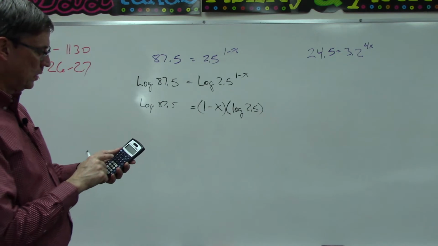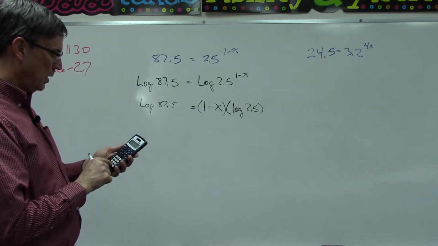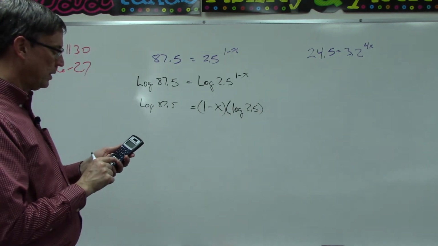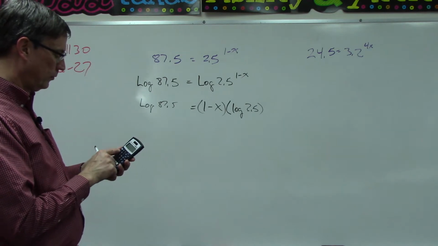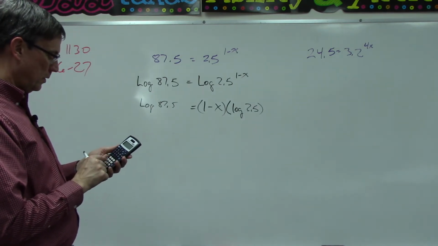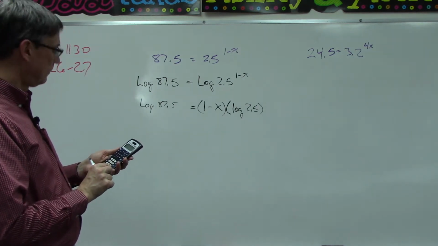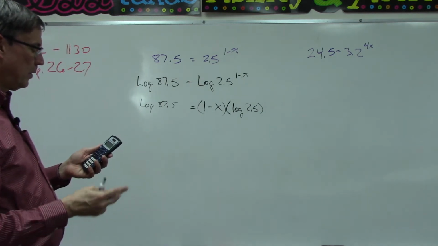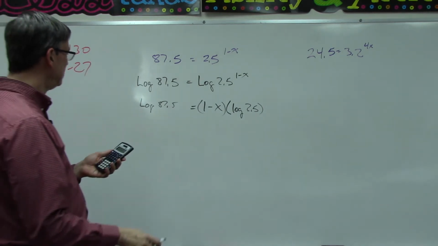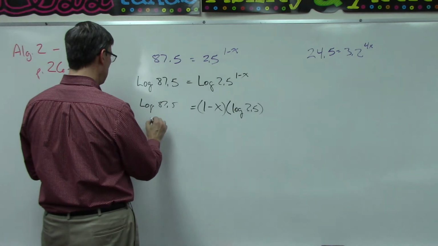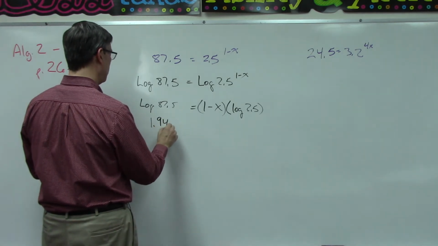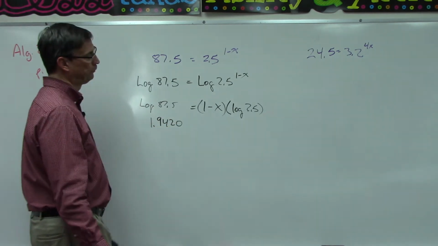All right, log 87.5, whoops, I put 87.8, that's not good. 87.5. All right, we'll carry out to 4 decimal places. So I'm getting 1.9420. Is that what you got?